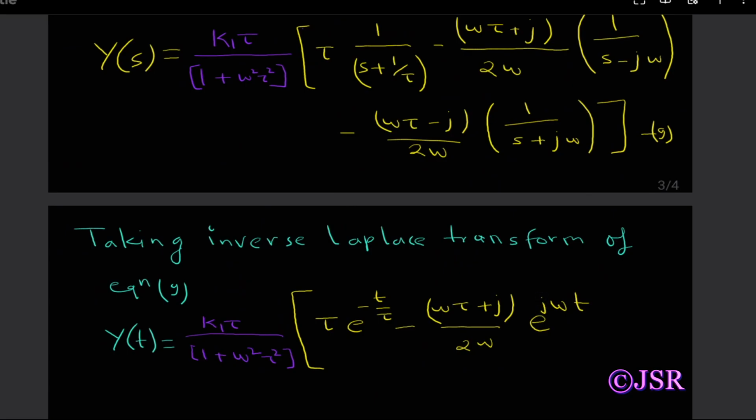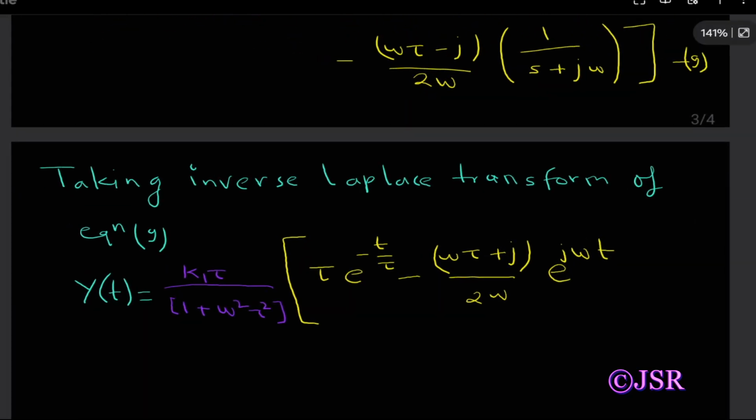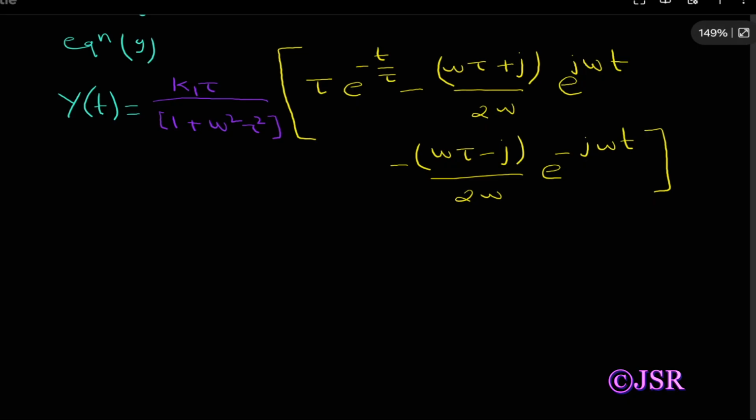The second term will be minus omega tau plus j upon 2 omega e to the power plus j omega t. Then we will have the third term, minus omega tau minus j upon 2 omega e to the power minus j omega t.